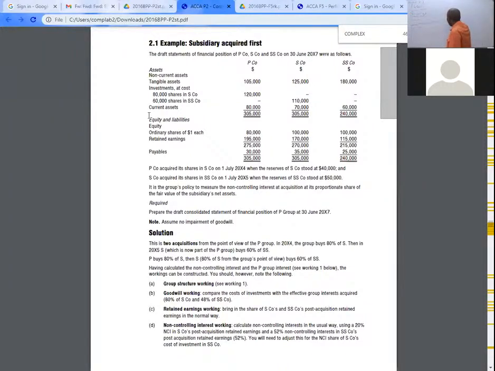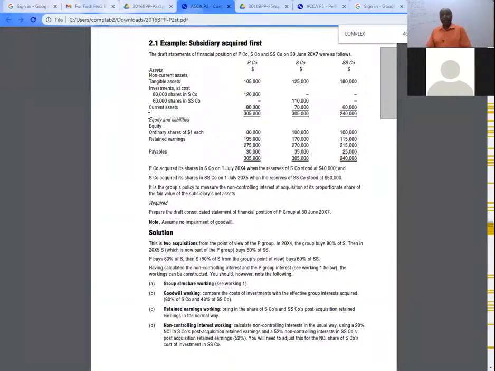The parent share capital is 80. We don't bring the subsidiary share capital. These are the things which are cancelling with my investment in the subsidiaries. So don't even try to understand so much right now for the sake of your exams which are starting next week.